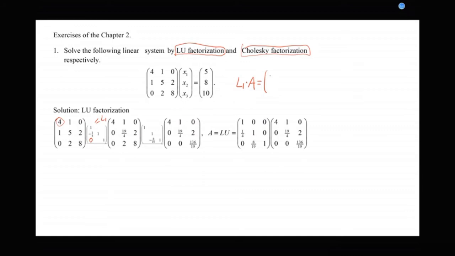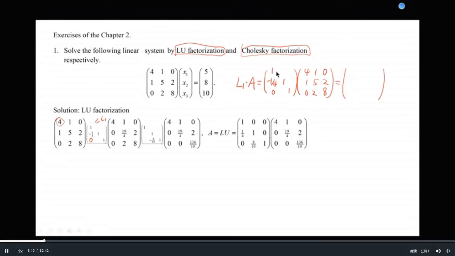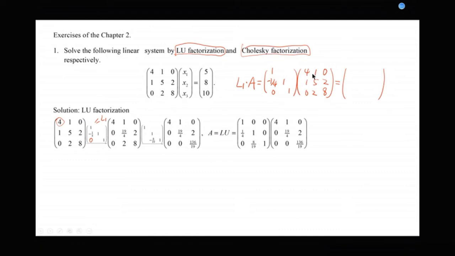So it is 1, minus 1 over 4, 0, 1, 1, multiply 4, 1, 0, 1, 5, 2, 0, 2, 8, right? So you need to compute the matrix. Actually you don't need to compute the first row, you just repeat it: 4, 1, 0.